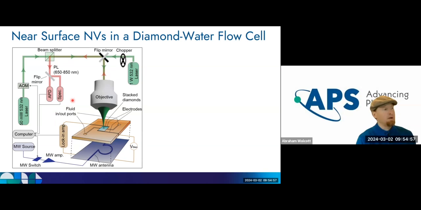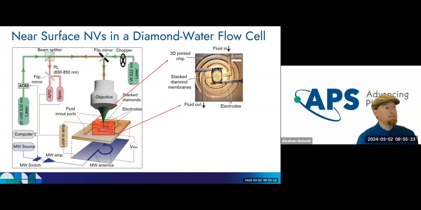You can control microwaves, you can control pulse laser light through your card. And then on the right-hand side, you've got a laser source with a chopper, which is then connected to electrodes and a lock-in amplifier. And so we're going to go ahead and focus on the right-hand side in the generation of photocurrent within this photoelectrochemical configuration.